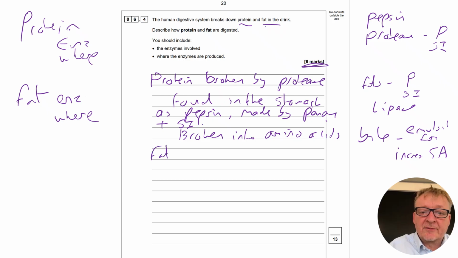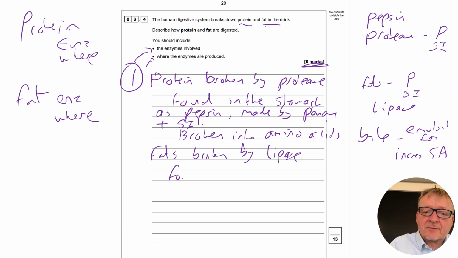Fats is a little bit bigger, and I'm running out of space now. So that's our first section there. Fats, and we've answered that bit. Fats are broken down by lipase, and they are found in, well, they're not really found anywhere, are they? Kind of, they're made in the pancreas and the small intestine.